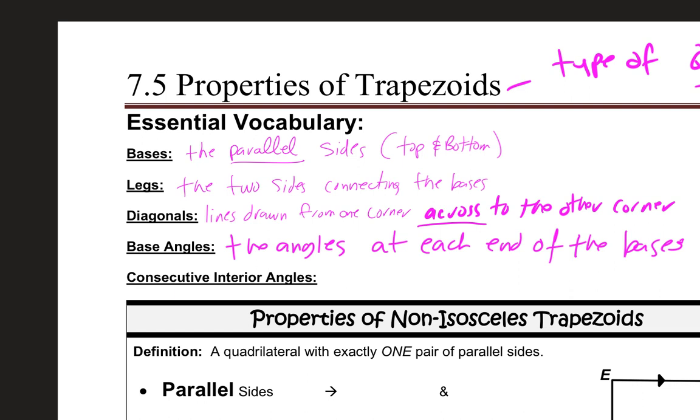Then our last term, consecutive interior angles. Consecutive means in order. So consecutive interior angles are two angles on each side connecting the bases.